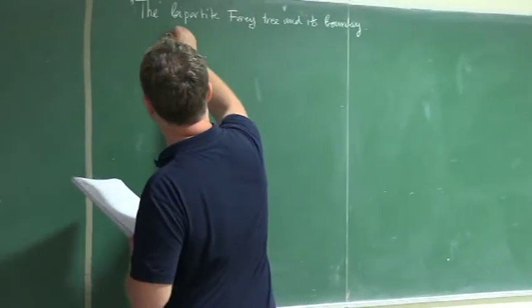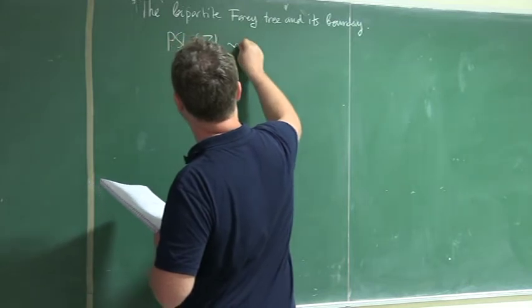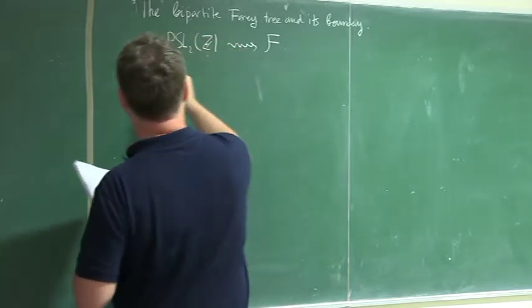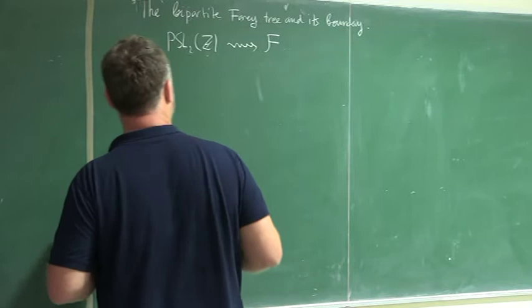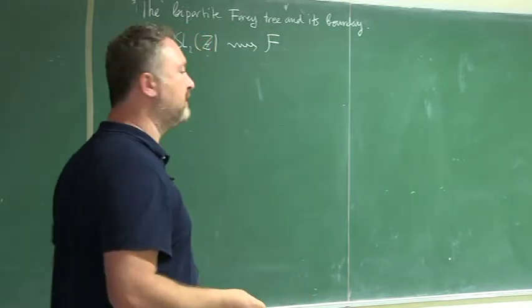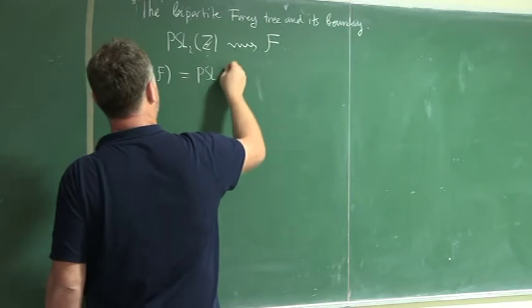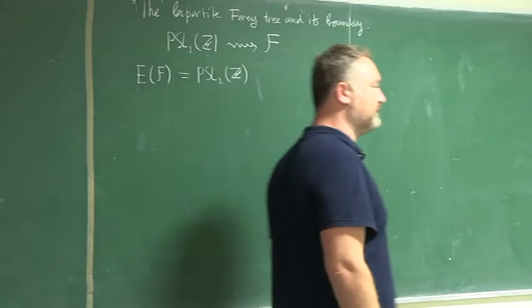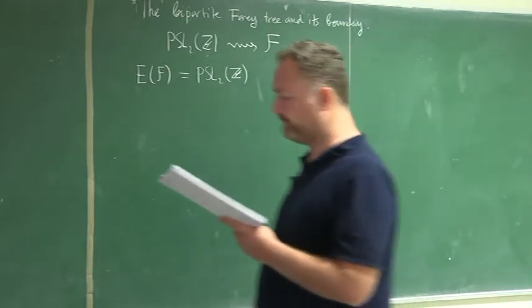So from PSL2Z, I am going to construct a tree such that the set of edges of my tree is just identified with PSL2Z. So for each element of the group PSL2Z, I have an edge of my tree.